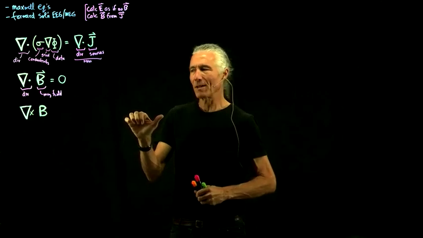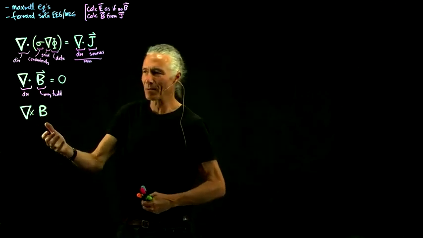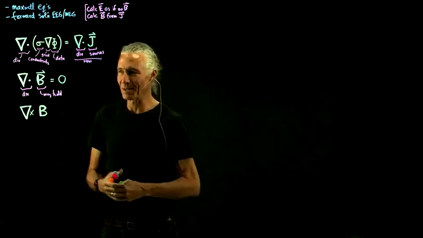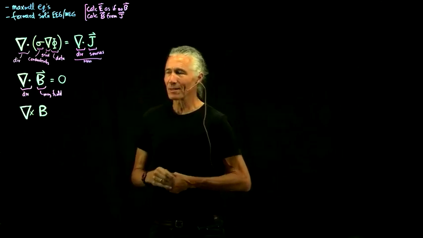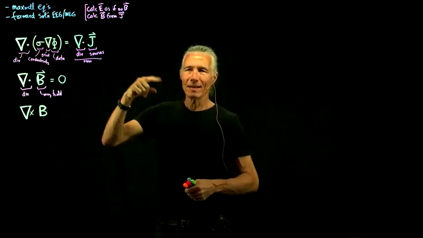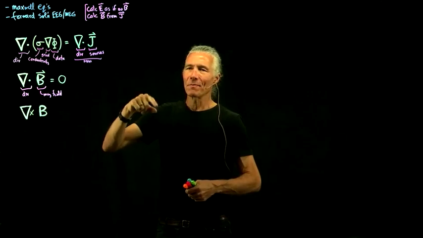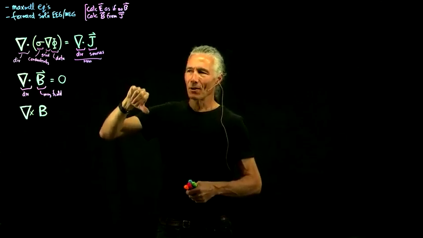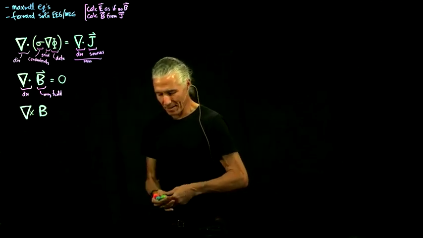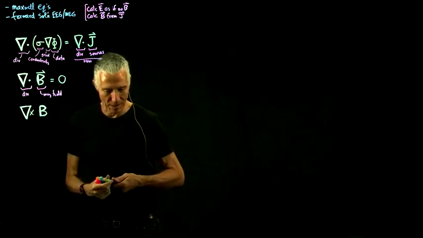But here we're doing it the other way around. We're saying, let's take the curl of the magnetic field. That works too. If you imagine a magnetic field and take the curl of that, you'll get back to the current direction.